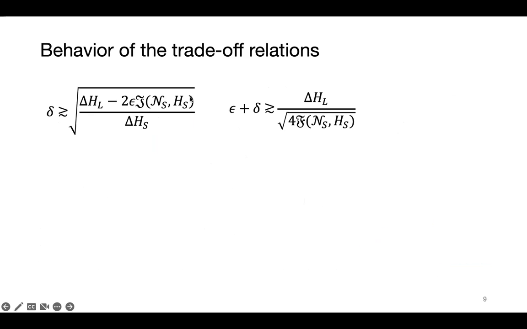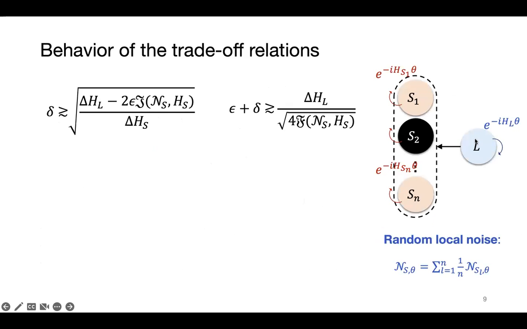And as I mentioned, the entire setting of this inequality is based on the structure of noise. So we are going to consider different types of noise and different types of Hamiltonian. First, the situation where the system, again, is an n-partite system, and each subsystem is denoted by S_i.